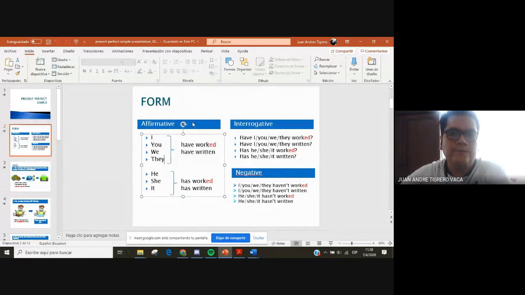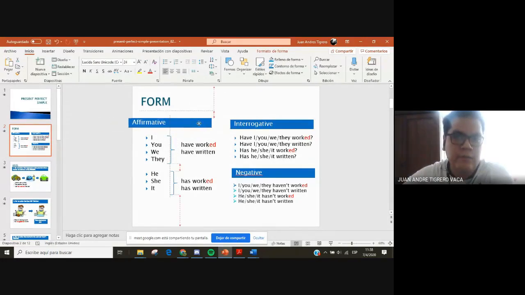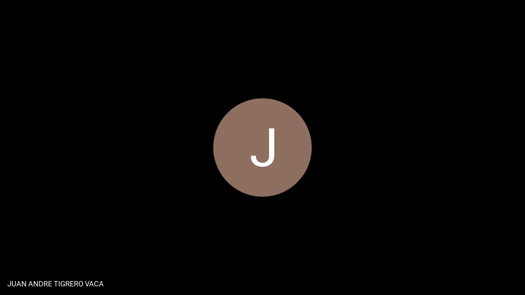Thanks. So the affirmative way to form this present perfect is, first, you have to use either the pronoun or the noun that is the subject, right? So you use I, you, we, they with have. It is very important that you consider the subject. Otherwise, you will have the wrong answer.